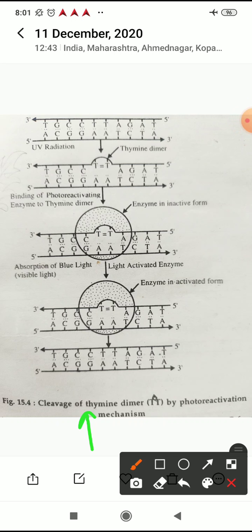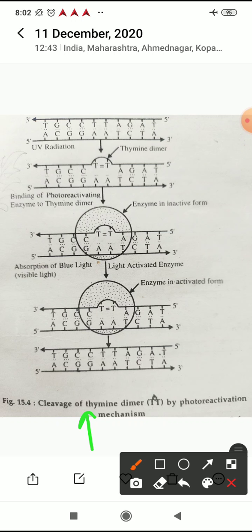So how it happens in this mechanism, when cells are exposed to heavy dose of ultraviolet light, the DNA pyrimidine dimers are produced, and these pyrimidine dimers are like TT.